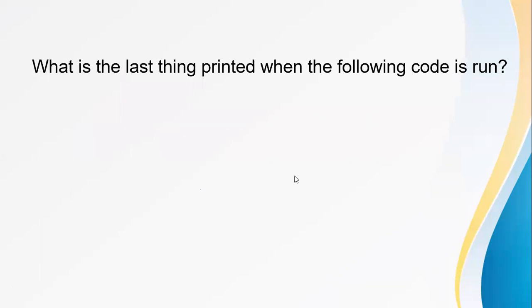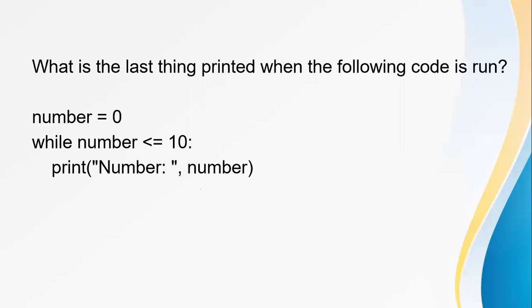Fine. So, what is the last thing printed when the following code is run? Number is equal to 0. While number is less than or equal to 10, that means the iteration goes up to 10, right from 0. So you will get 11 values: 0, 1, 2, 3, 4, 5, 6, 7, 8, 9, 10. Print number. Number is equal to number plus 1. This is the increment value.